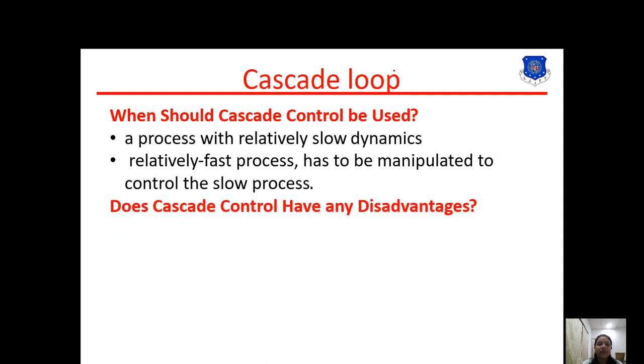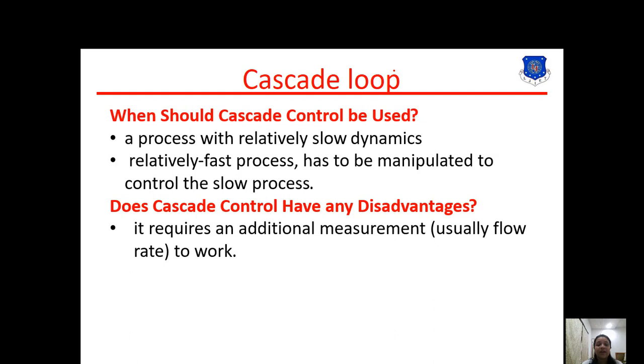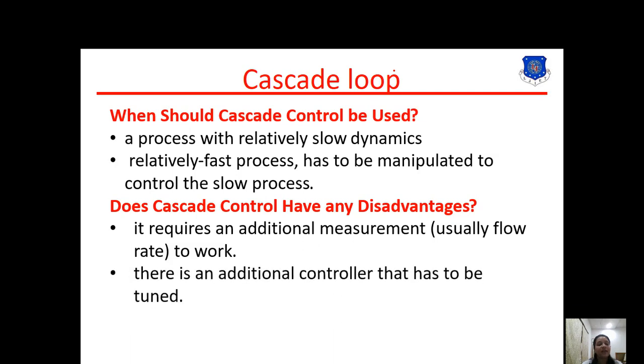Now, are there any disadvantages of a cascade loop? Yes, there are many disadvantages. First, it requires an additional measurement, usually of flow rate. Next, there is an additional controller that has to be tuned, because in the cascade loop we use more than one controller, so every time we have to tune the secondary controller.